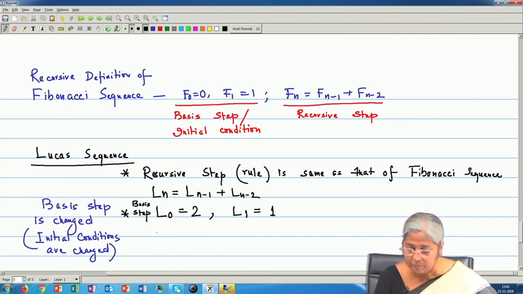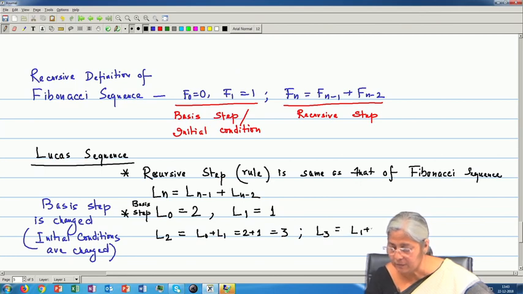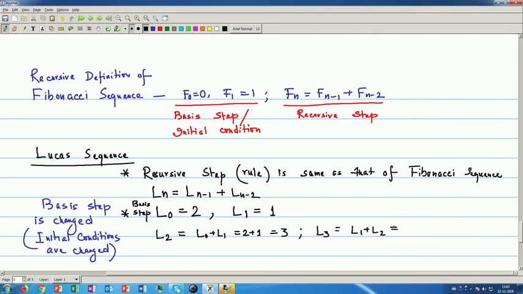So, I can find that L 2, which is L 0 plus L 1, is 2 plus 1 equal to 3. L 3 is L 1 plus L 2, L 1 is 1 and L 2 is 3, so this is 4.